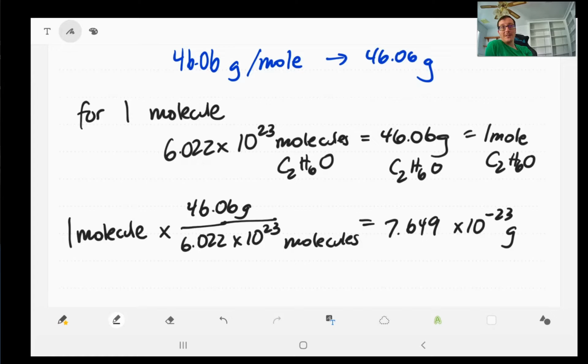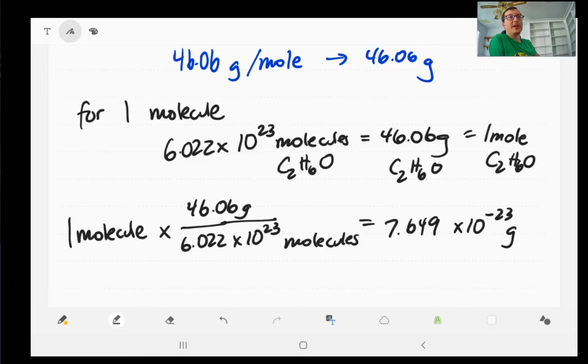For us, molar mass is the mass in grams of 1 mole of a substance. And 1 mole for us is defined as being 6.022 times 10 to the 23rd molecules, or atoms, or whatever you're looking at. Since we're looking at a compound, we're talking about molecules. If we're looking at just one element, we're talking about atoms.